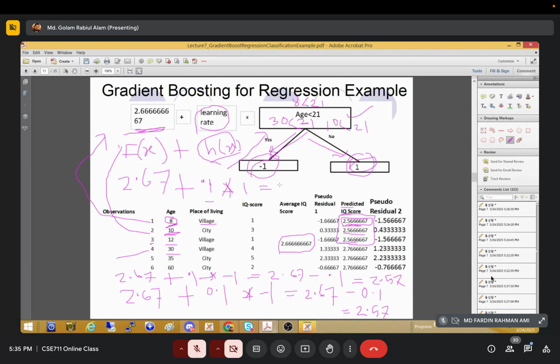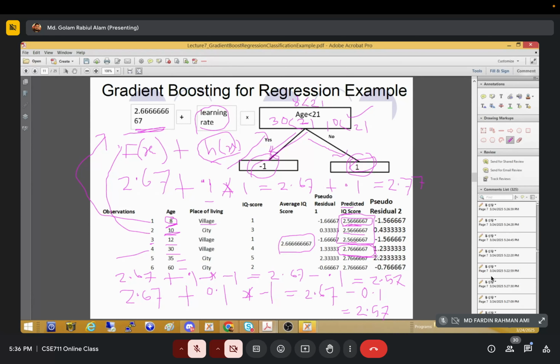So what we will get is 2.67 plus 0.1. It means it is 2.77. So here we can see it is 2.76666 or 77. Okay, 2.77. Similarly, for the case of the fifth and sixth observations also we will get the same value, 2.77.